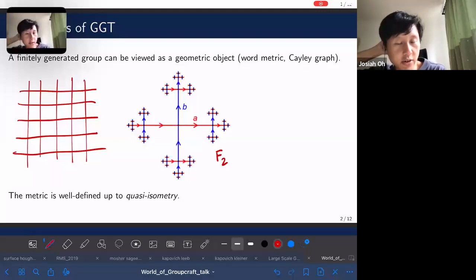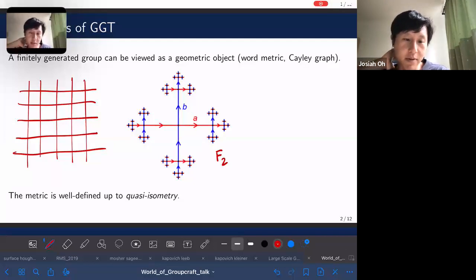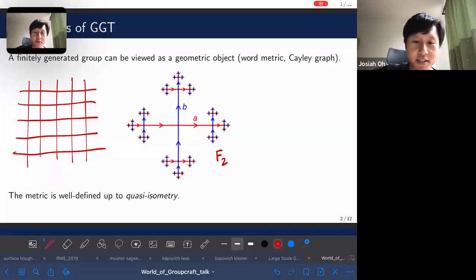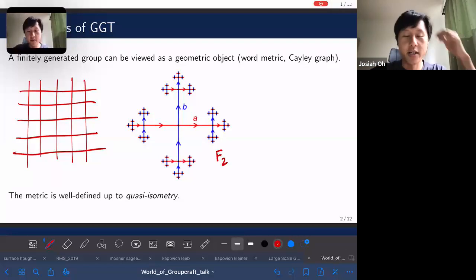Now, different generating sets induce different metrics, so the isometry type of a group is not well defined. But if you relax your notion of equivalence to that of a quasi-isometry, then what we get is independent of the generating set. Like I said, I won't define what a quasi-isometry is. Hopefully most people here already know the definition.